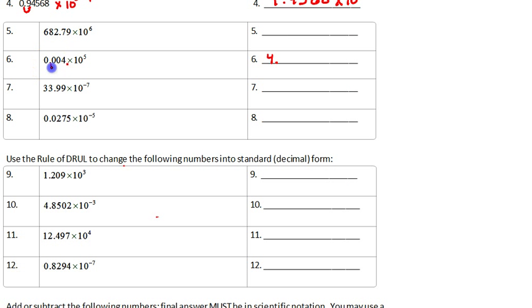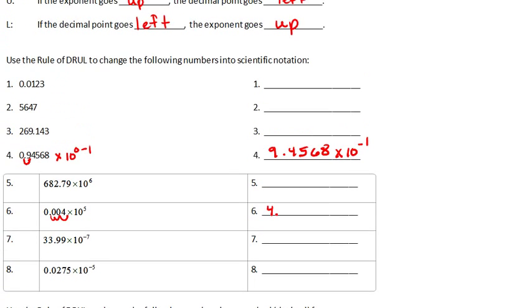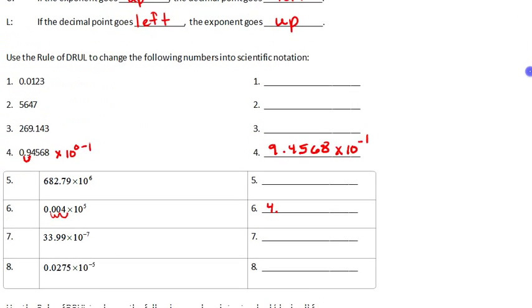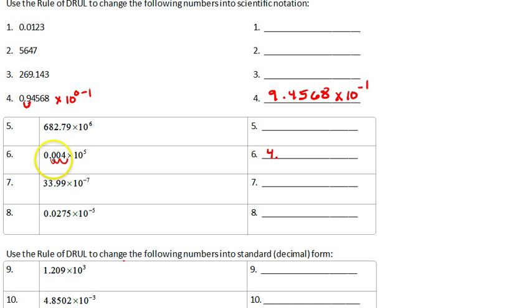I have to move it 1, 2, 3 places to the right. If you look up here, right means down. I moved it 1, 2, 3 places, so I'm going to subtract 3, which gives me 4.0 times 10 to the second. Now this part is important for showing your work.